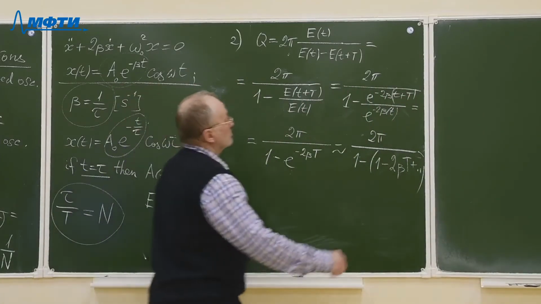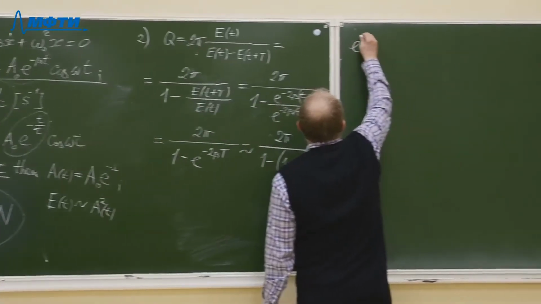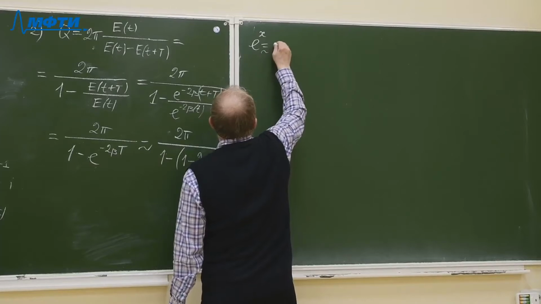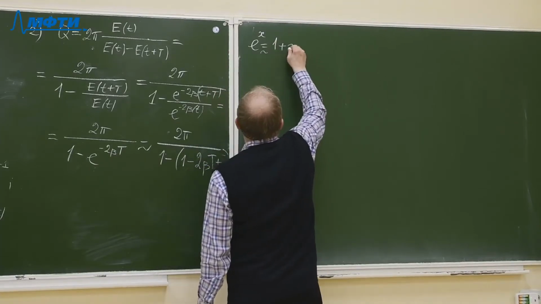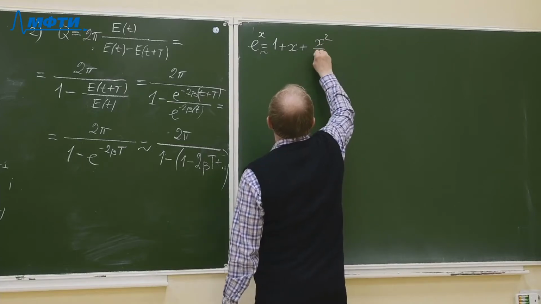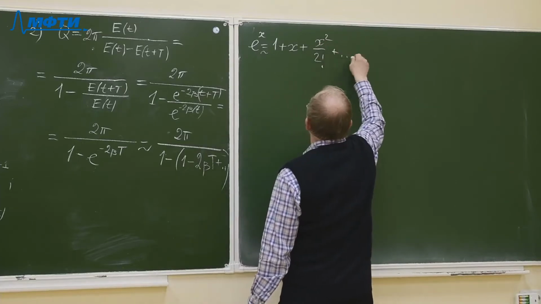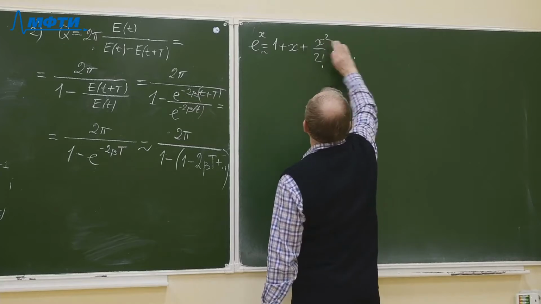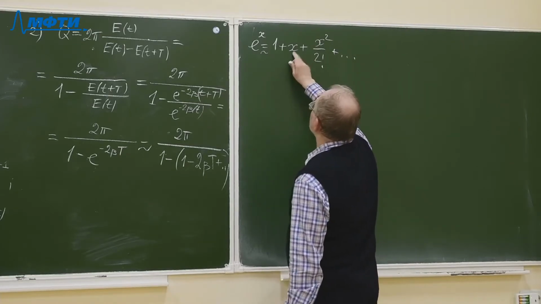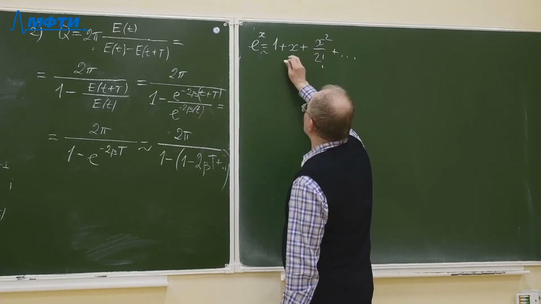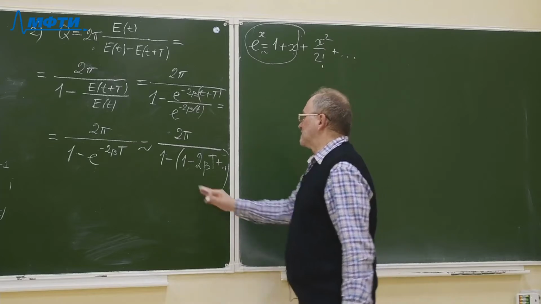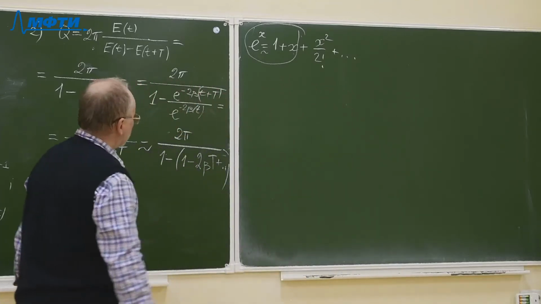I'm using the formula that e to the power of x approximately equals 1 plus x plus x squared divided by 2 plus etc. All the remaining higher order terms can be neglected if x is very small. If x is very small, I can take only the first two terms in this expansion.